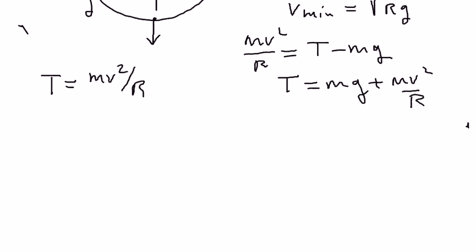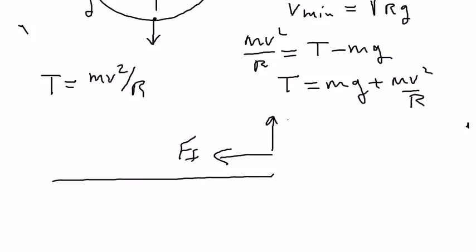The only other piece that is worth remembering is that if an object is going around, I'm now going to have a car going around in a horizontal circle. The idea here is that the force of friction to make it go in a circle is inward directed. I have a normal force and I have an mg. Again, we're not going to cover this in the short term, but you'll remember that the force of friction is equal to mu times the normal force.